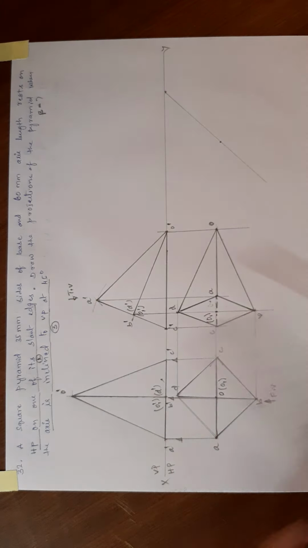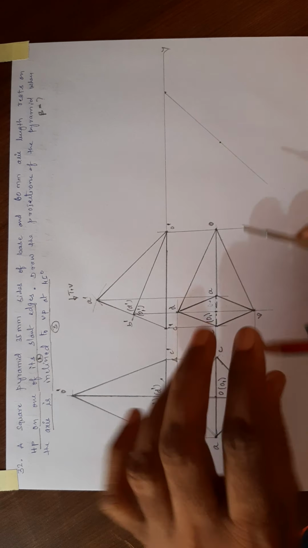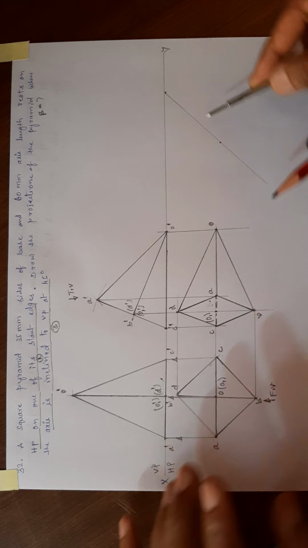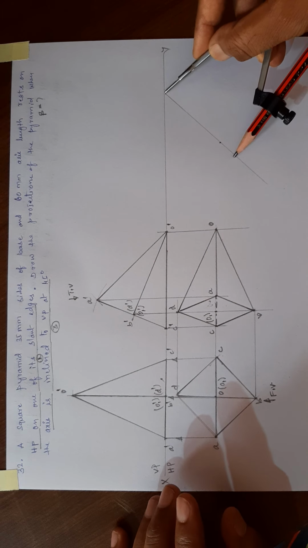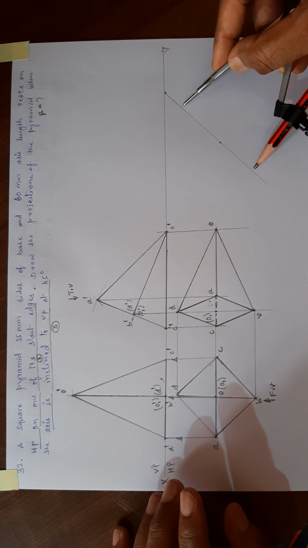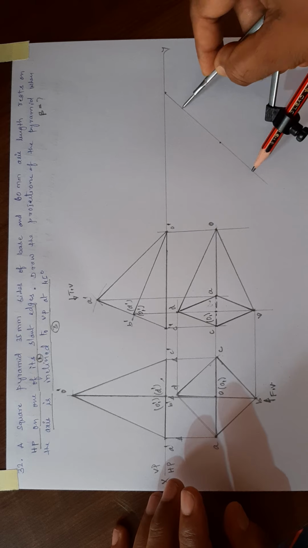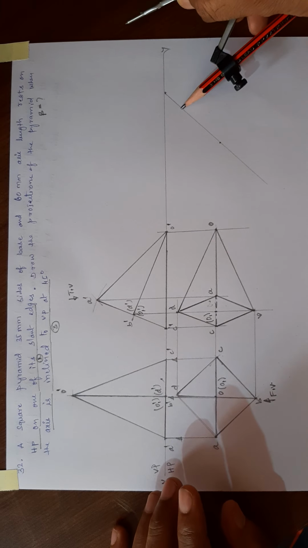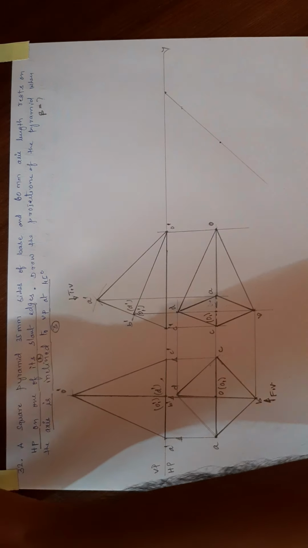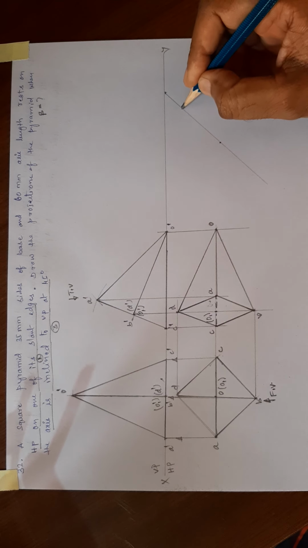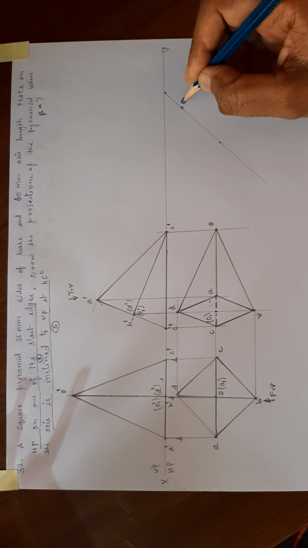Okay, now you can accommodate any point on this line here, anywhere you can accommodate. So I will mark a point here. This is the O. I will make this point O. Now see this point. This point is O.